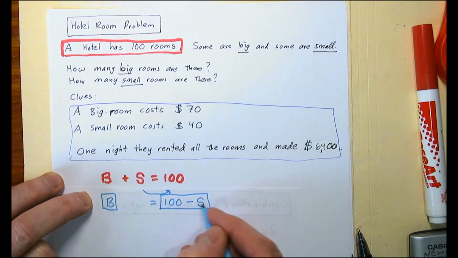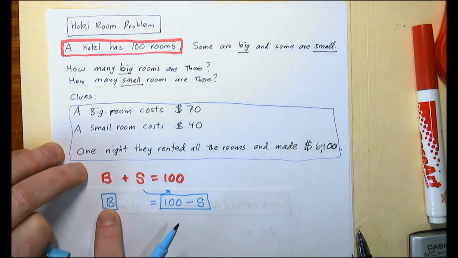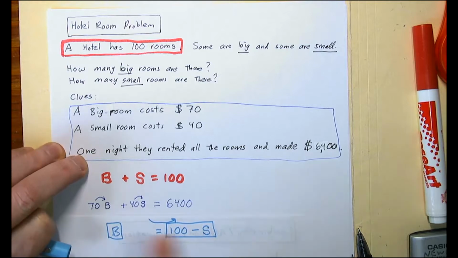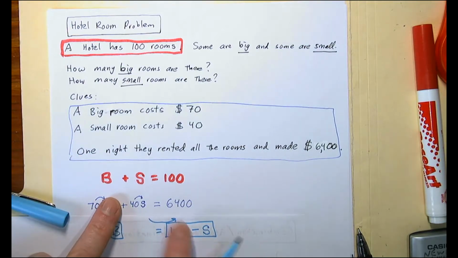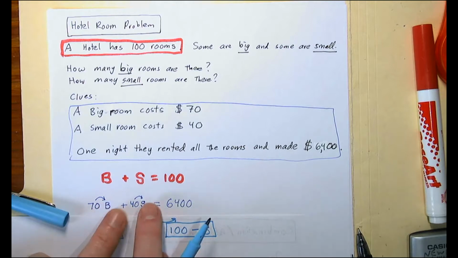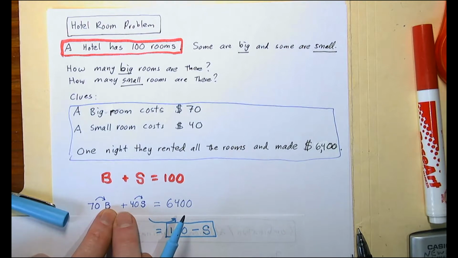And if it's all alone, couldn't you just replace this B with 100 minus S? Because then I'll have only one letter. That's the idea. If I can replace the B with 100 minus S, I could distribute and combine like terms.